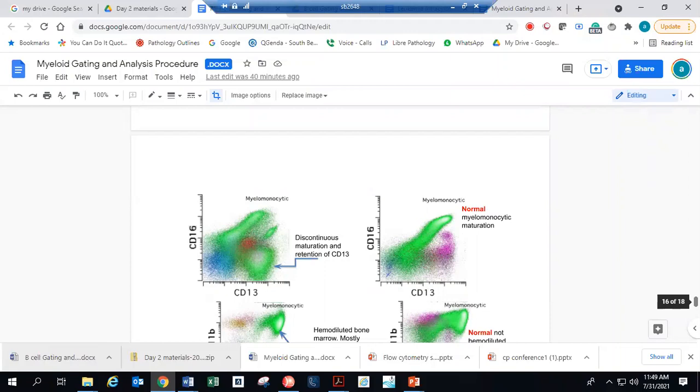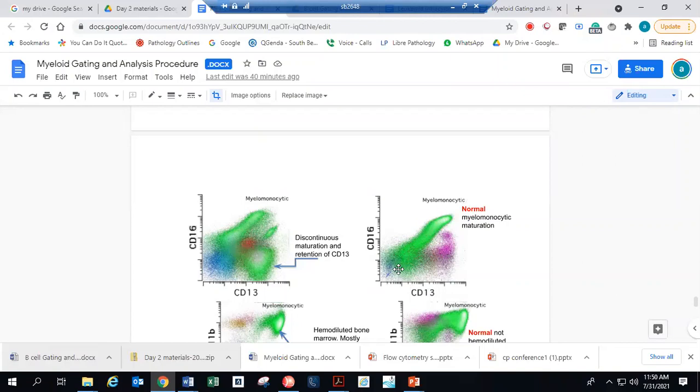I wish I would have found it beforehand. But in case of MDS, there are certain things that are brighter, there are certain things that are dimmer, and they have an abnormal set of things. There is a very nice chart that is available in one of the papers. But why is this important? Because you need to differentiate between a normal myelomonocytic maturation versus an abnormal myelomonocytic maturation.